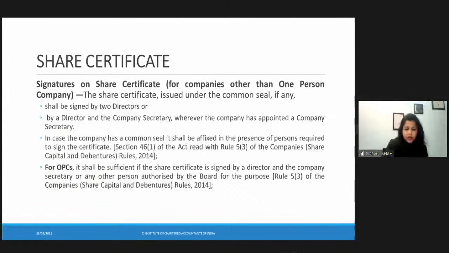I think I've put an error here. I'm sorry. In case of OPC, it will be enough if the share certificate is signed by 1 director or the company secretary, not and. I think there is an error here. If you have my presentation, you can fix it. It's or, not and. Or the company secretary or any person authorized by the board for this purpose.